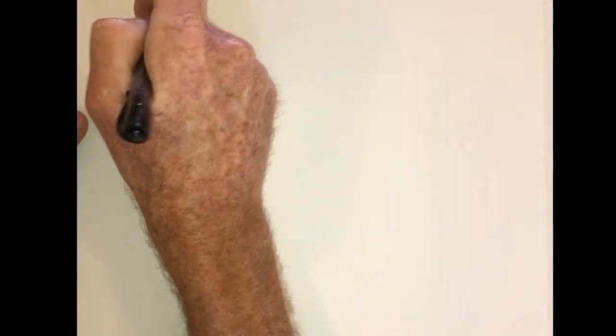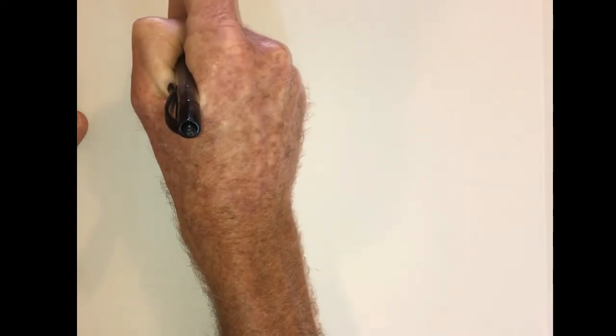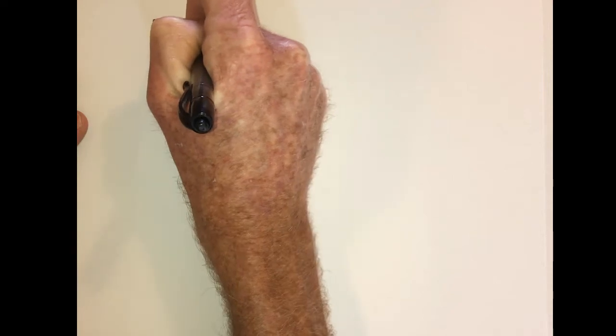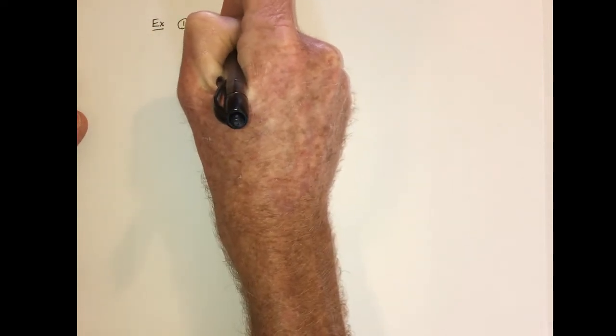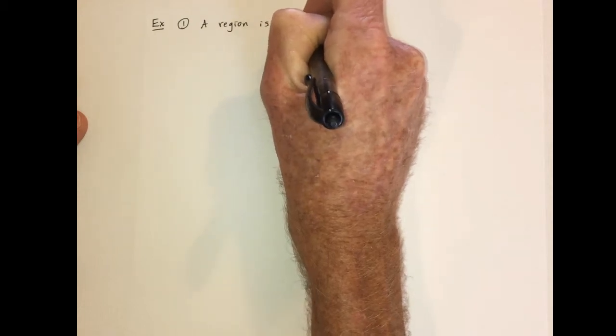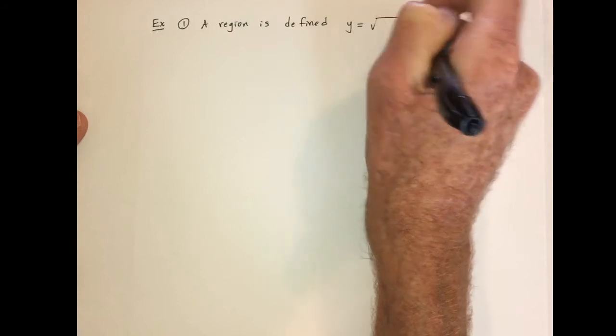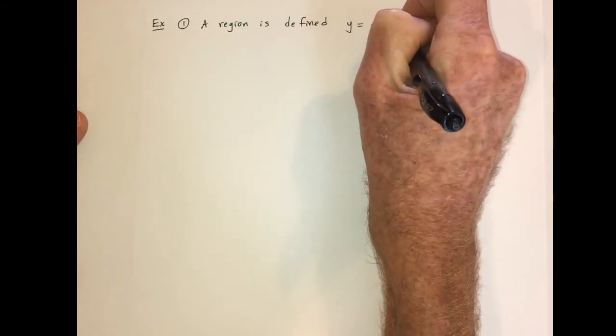So for example number 1, the region is defined by y equals the square root of 4 minus x squared.